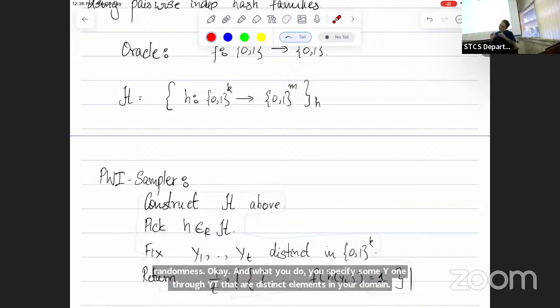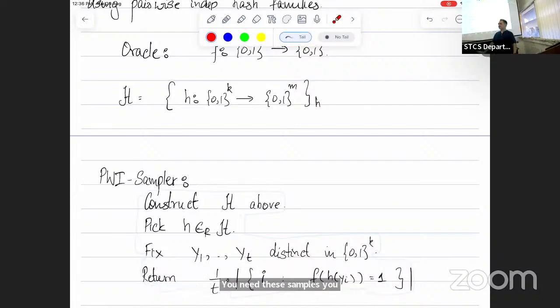You need t samples, so you specify y1 through yt. This can be completely deterministic. You can just take the first t elements, or maybe you set your K such that 2^K is like t, so that you have t different things. Then just take the output values of h on each of these t elements. Each of them will give you an m-length string. Take the empirical average amongst those m-length strings.